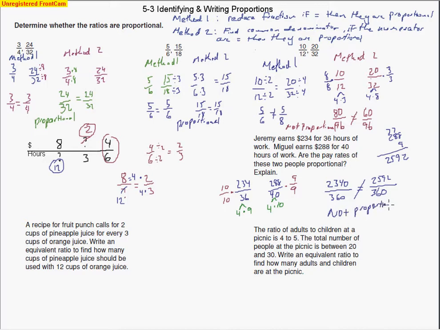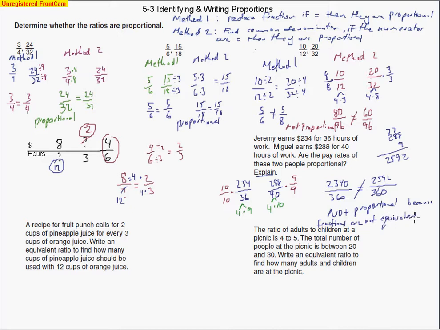Well, let's take a look at the next problem. And again, our reasoning here would be that, because you're going to end up having to explain using some sort of sentence why these are not proportional. So my reasoning here, I would say they're not proportional because the fractions are not equivalent.